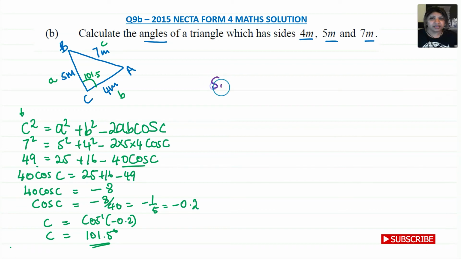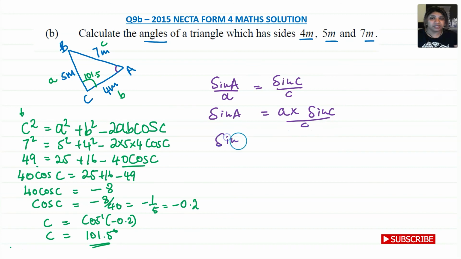I want to find this angle here, so sine A over A is equal to sine C over side C. So sine A is going to be equal to A times sine C over C.